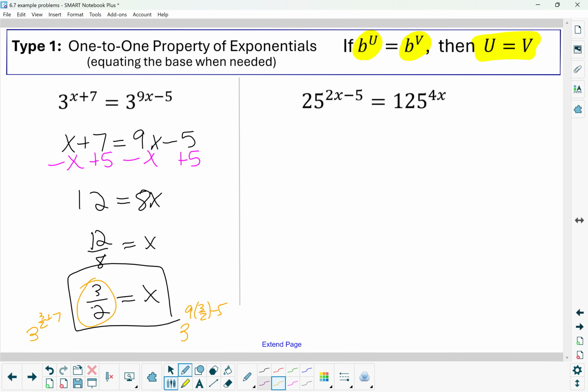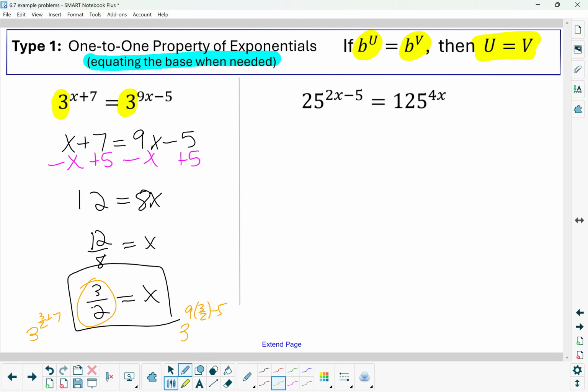That type of equation is pretty easy to solve when you already have bases that are equivalent to each other. But sometimes we have to do a process called equating the base. On this next example, 25 to the power 2x minus 5 is equal to 125 to the power 4x.